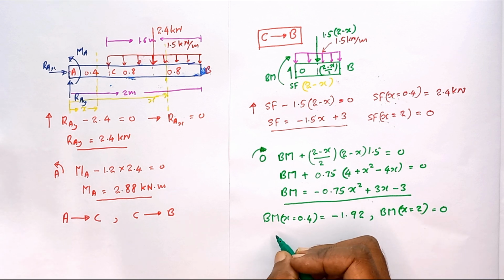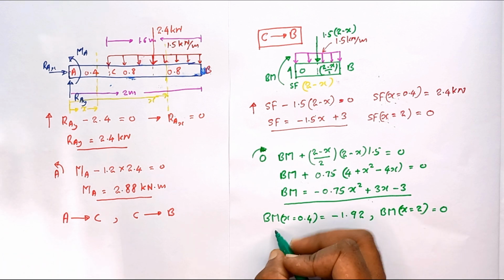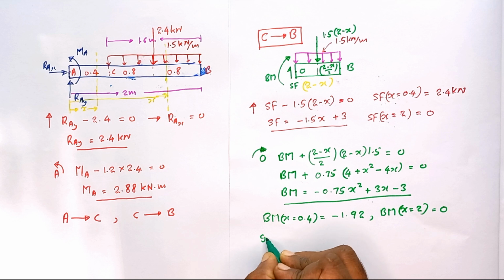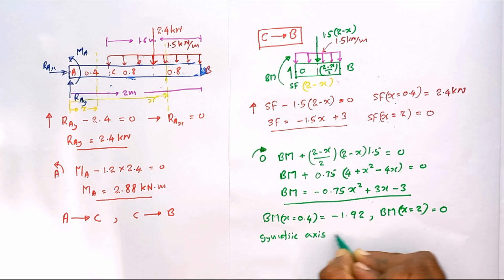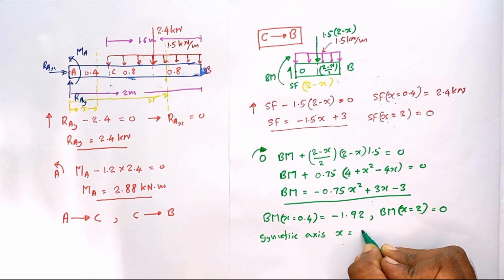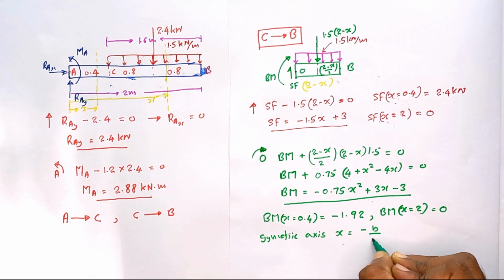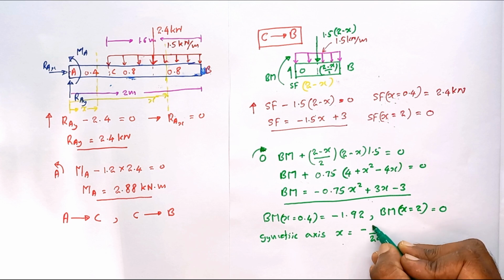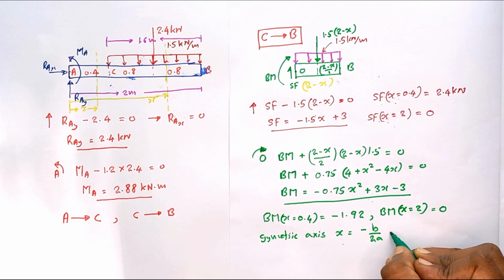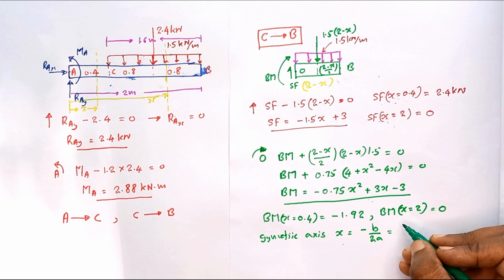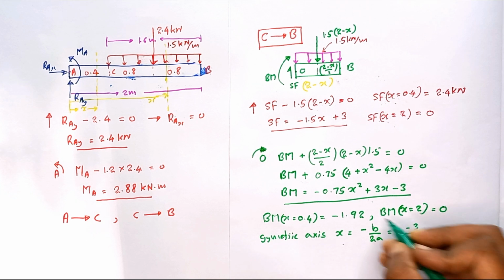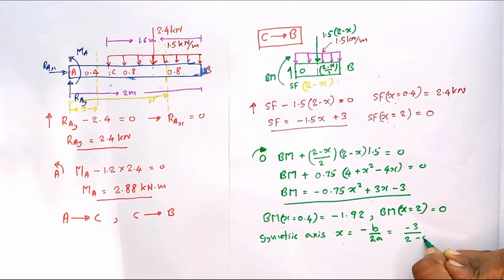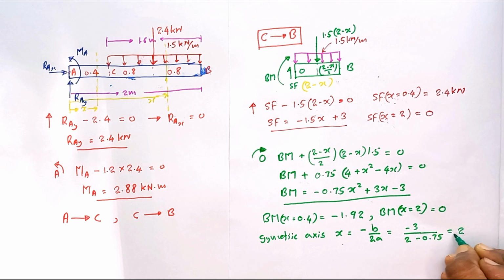In this equation, the symmetric axis is given by -b/2a. So in this case, -b is 3, divided by 2a, which is -0.75. The answer is equal to 2.